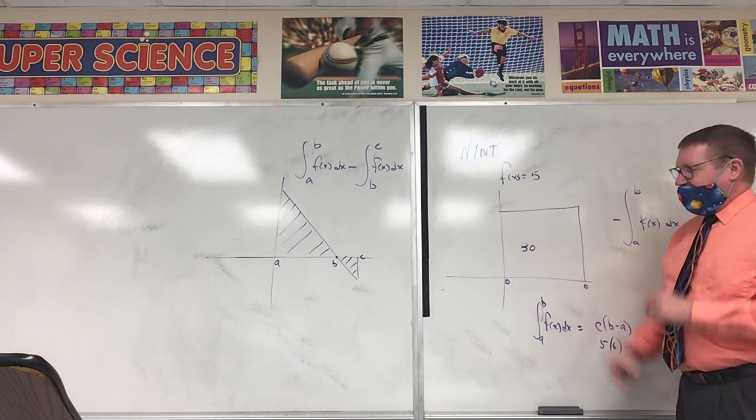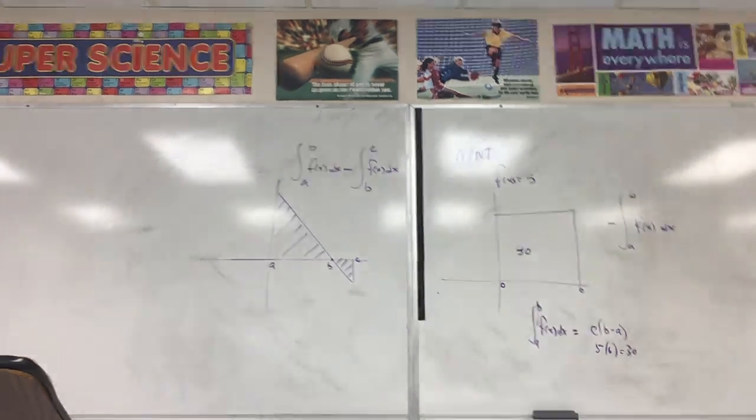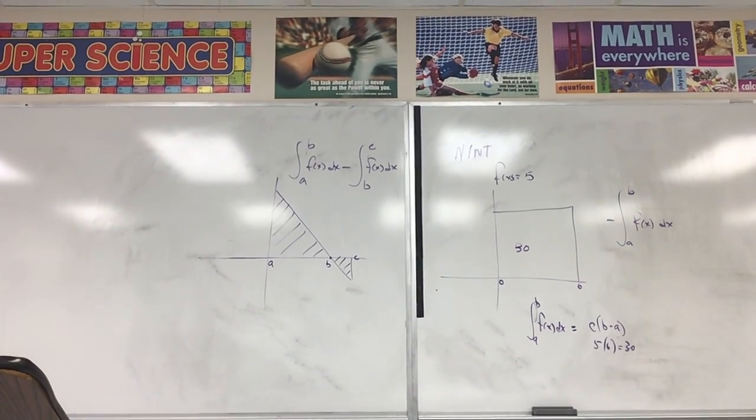So if you do 5 from 6 to 8, you press that button. You're going to put your function in, so you're going to put 5, dx, and the x equals.